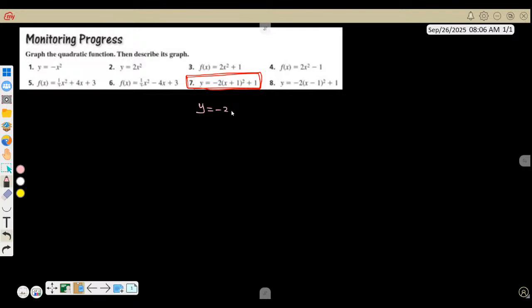So make a proper table for this. And choose the values of x which are better for us.